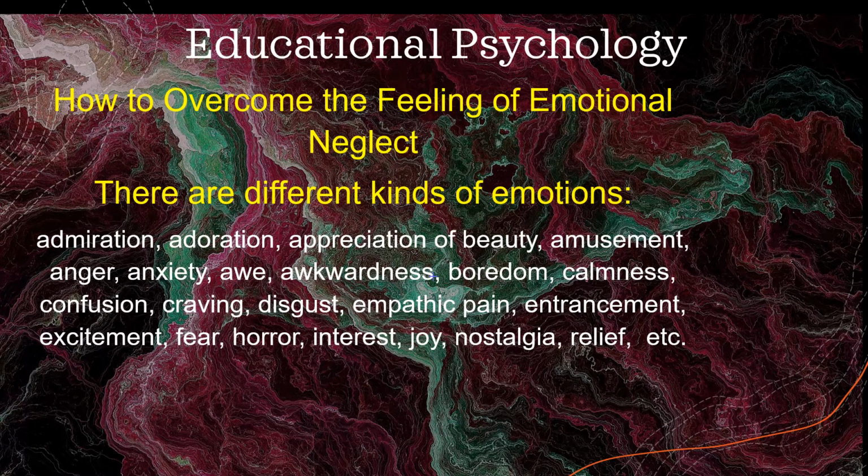We have admiration, adoration, appreciation of beauty, amusement, anger, anxiety, awe, awkwardness, boredom, calmness, confusion, craving, disgust, empathic pain, entrancement, excitement, fear, horror, interest, joy, nostalgia, relief, and many more.